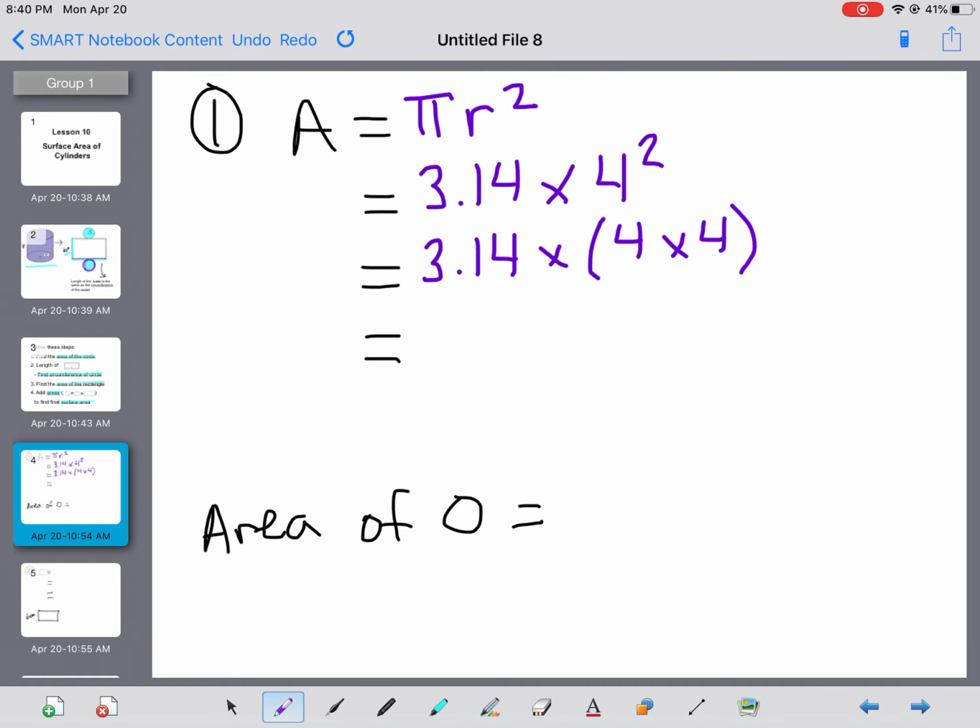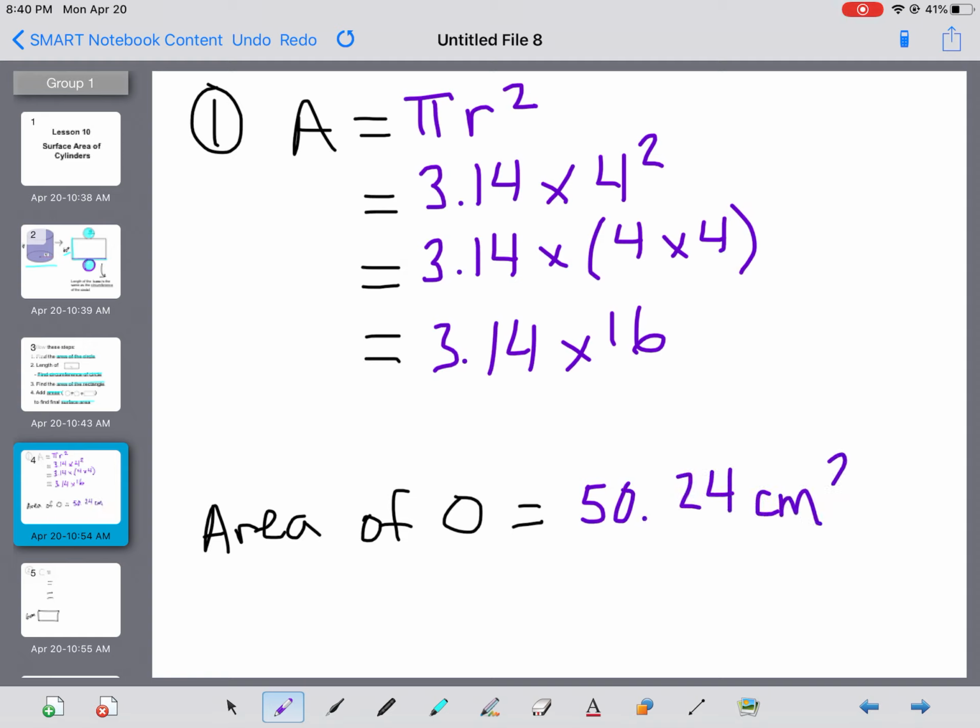So you actually have 3.14 times 16. You can punch that into your calculator, and you come up with 50.24 centimeters squared.